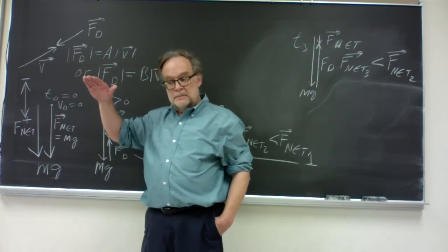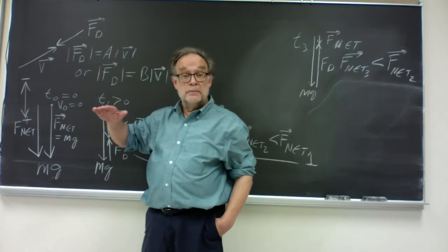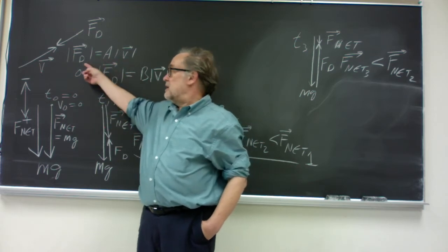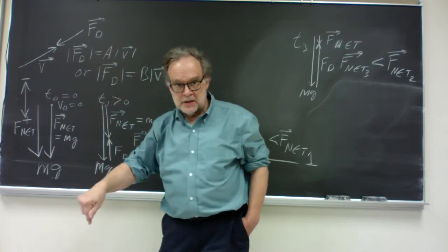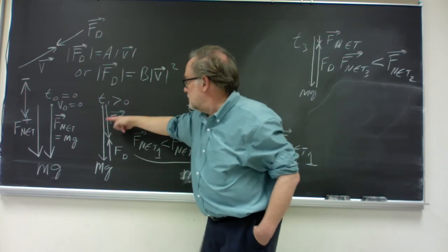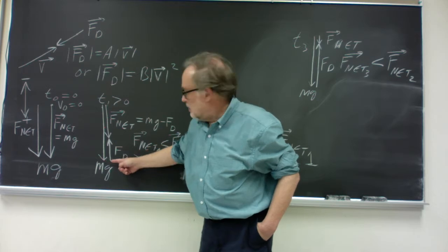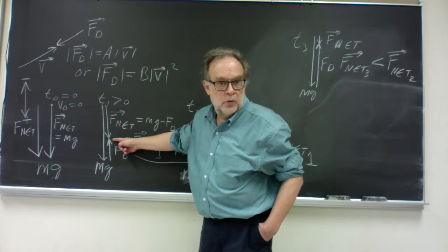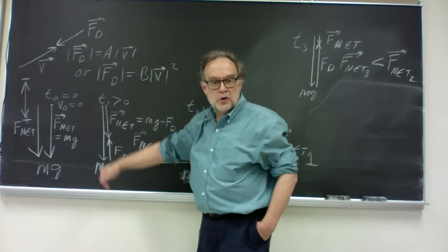Now, the thing falls for a little while and speeds up, and because it speeds up, now it has some velocity, so now there's some drag force pointing opposite to the velocity. So a little while later, at a time t1, a little bit greater than 0, the weight force is still there and it hasn't changed, but now there's a little bit of upward or backwards drag force pushing against the falling object.